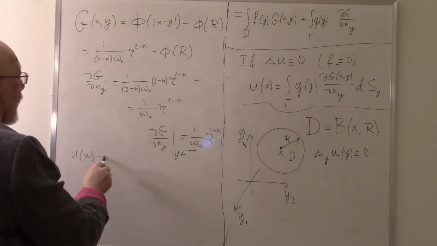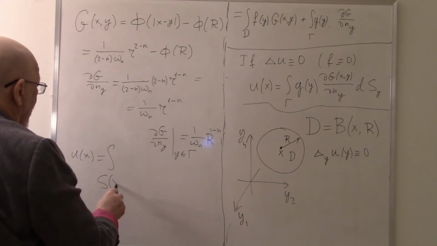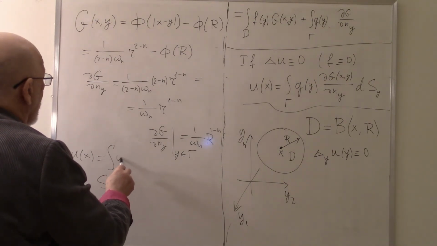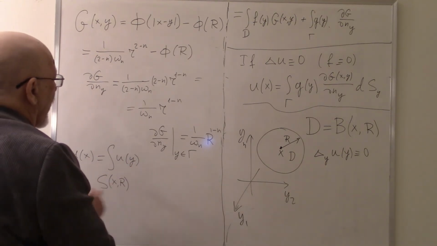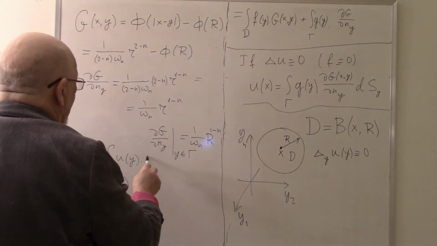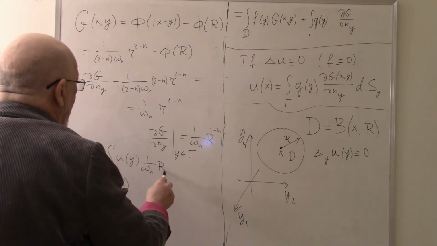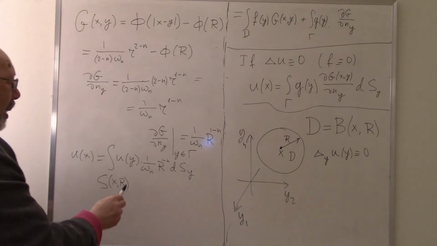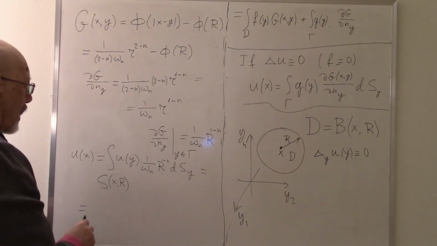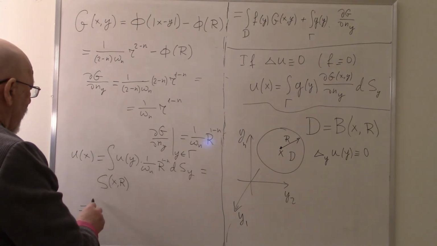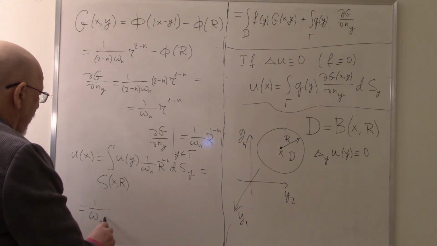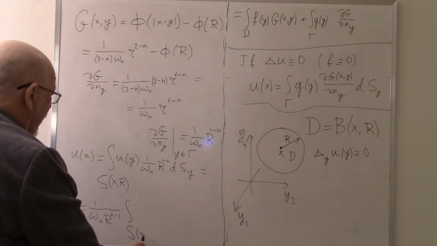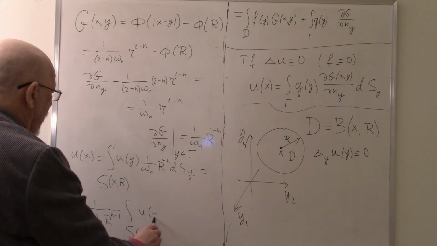U of x equals integral over the sphere with center x and radius r of u of y times dg d n y, which is 1 over omega n r to the power 1 minus n, d s y, equals 1 over omega n r to the power n minus 1 times integral over S of x r of u of y d s y.